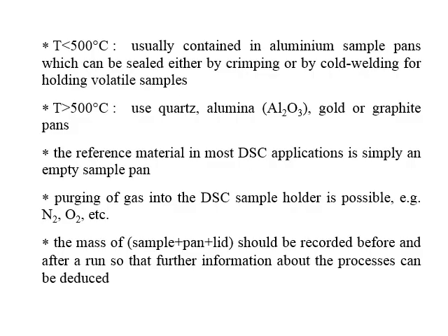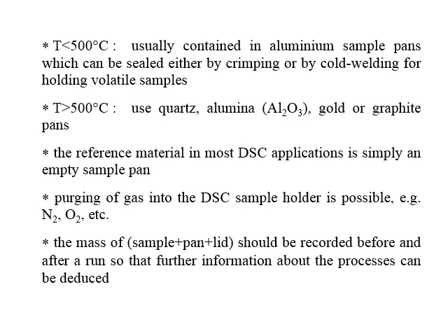This is just a schematic of a sample chamber, not really relevant. This slide talks a little bit about the type of sample pans you might use. For DSC, less than 500 degrees, sample pans are usually just aluminum, which are sealed by crimping a lid into it. It also indicates cold welding for volatile samples. I think that's old. I don't think people really cold weld anymore.